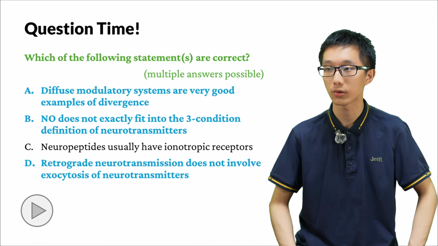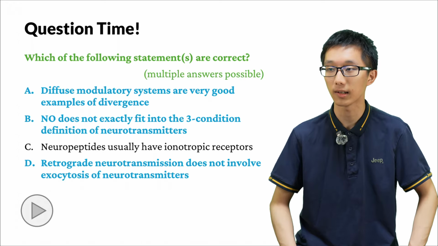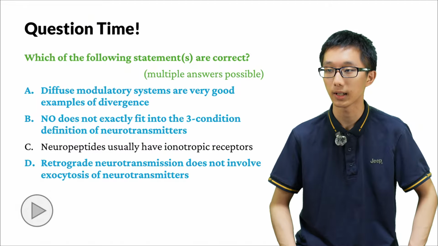A. Diffuse modulatory systems are very good examples of divergence indeed, because one neuron can connect to many neurons. B. NO does not exactly fit into the three-condition definition of neurotransmitters. In the first place, it is not emitted by the presynaptic neuron. It can even be emitted by the postsynaptic neuron, which is something weird.